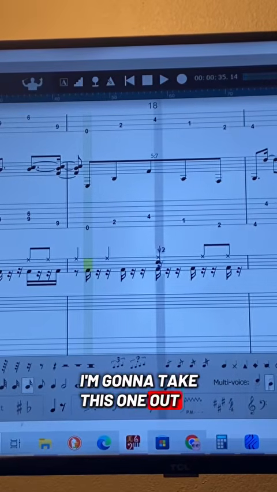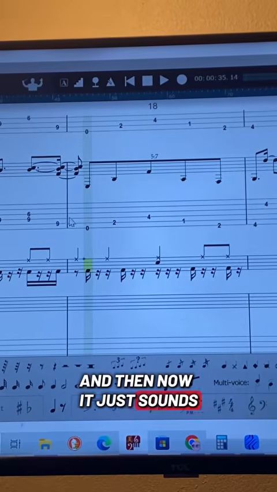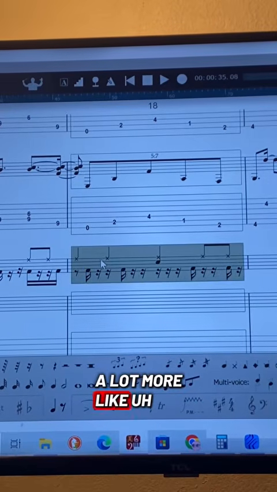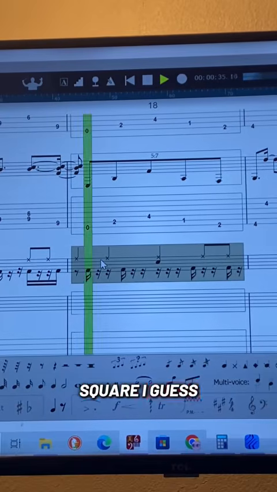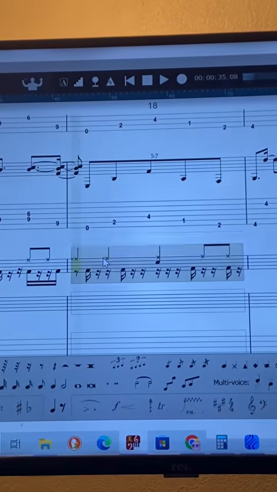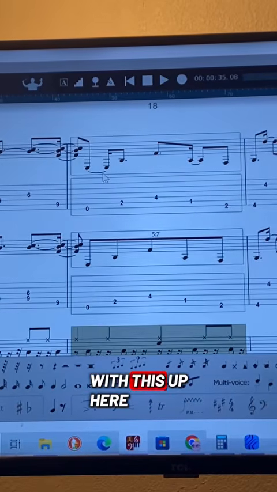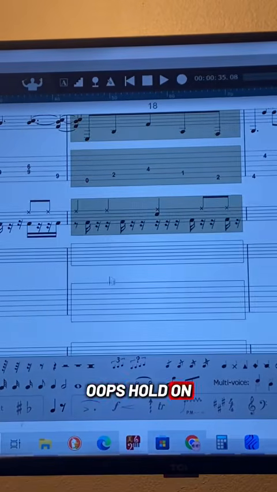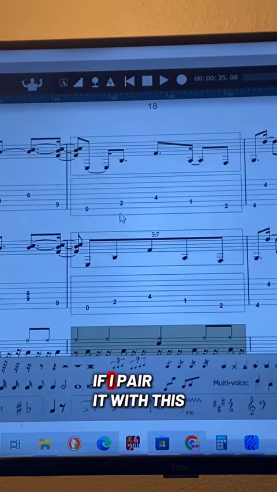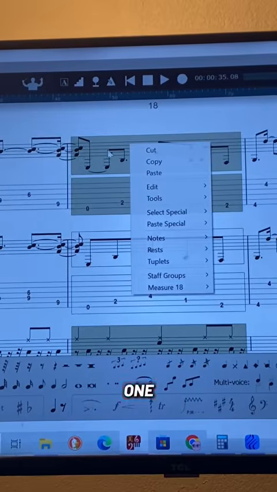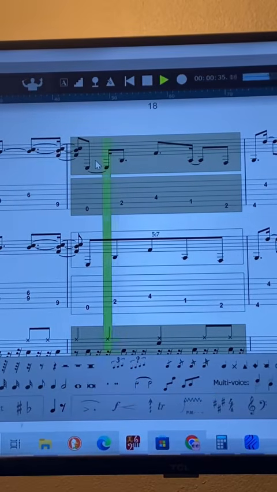I'm gonna take this one out, and now it just sounds a lot more square, I guess. And if I pair it with this one up here, it just makes it more digestible.